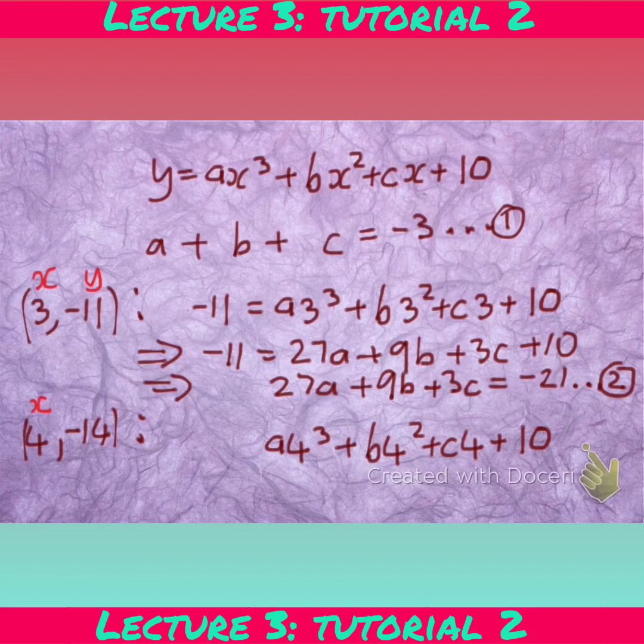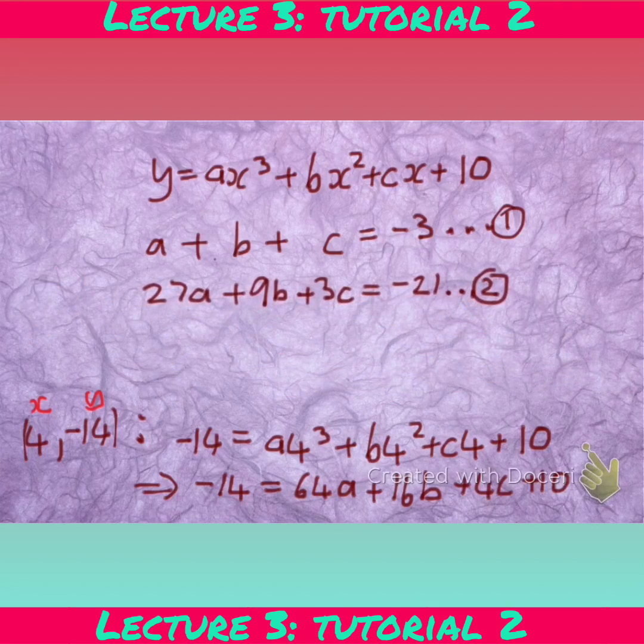Okay, so there we get, again we take the y value on the left hand side and replace that with minus 14, and we need to have equality between the left hand side and the right hand side. Simplifying, we get minus 14 on the left, 64a plus 16b plus 4c plus 10 on the right hand side.